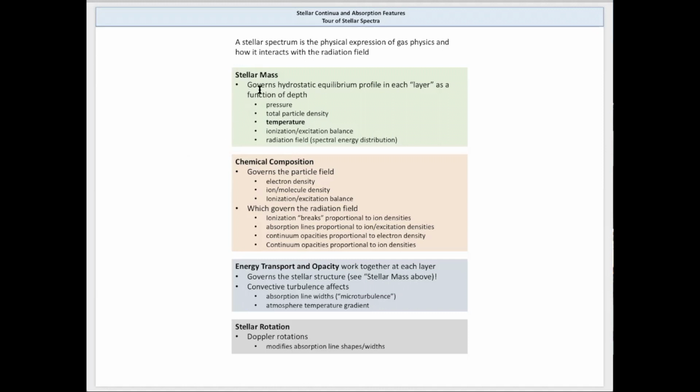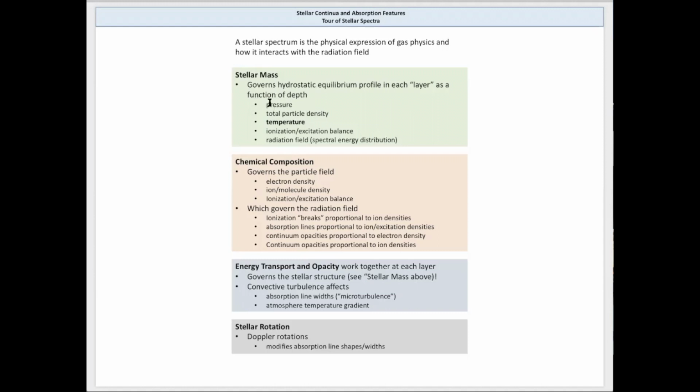Okay, so stellar mass is clearly a major component governing everything about stars. First of all, it governs the hydrostatic equilibrium profile of each layer, because the gradient is related to the density at each layer.